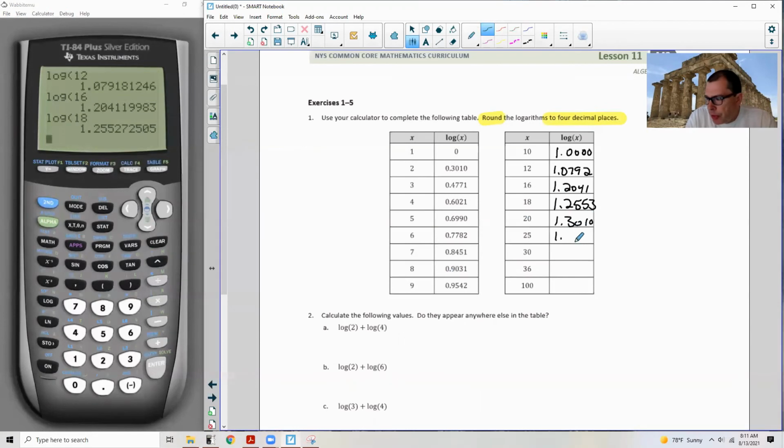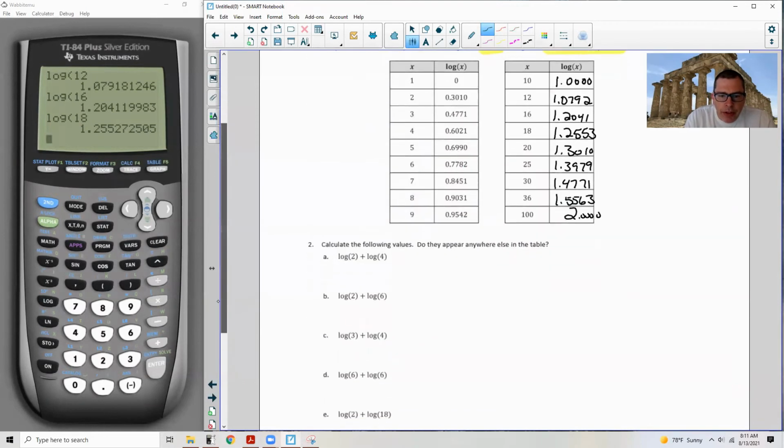This will be 1.3979. Log of 30 is 1.4771. Log of 36 is 1.5563. And the log of 100 is 2. How do I know that's 2? It's 10 squared, power of 2. That's the log.